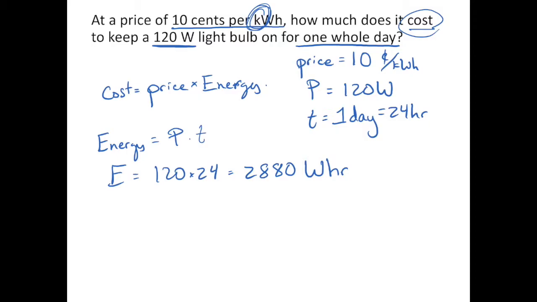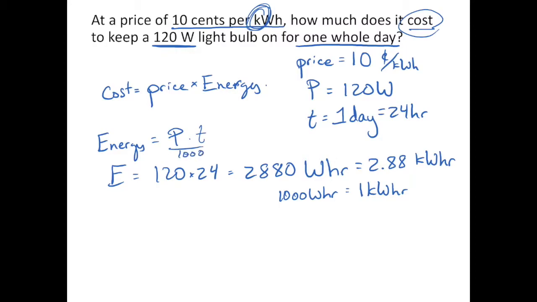Kilo represents 1,000, so we have to divide this by 1,000, because 1,000 watt hours equals 1 kilowatt hour. Usually our prices are in kilowatt hours just because that's how they do it. And so you get 2.88 kilowatt hours.